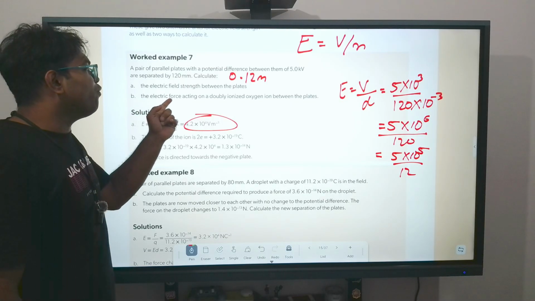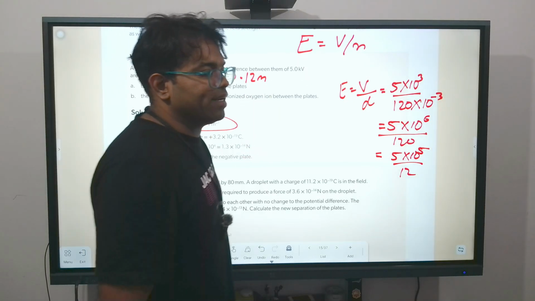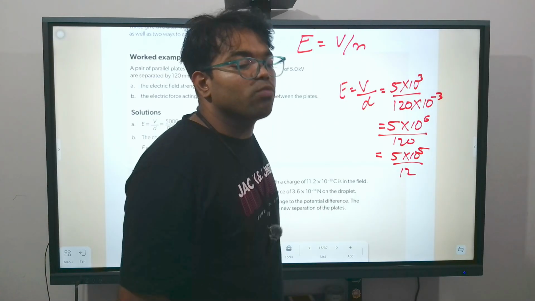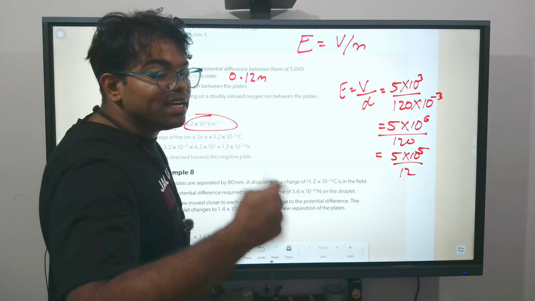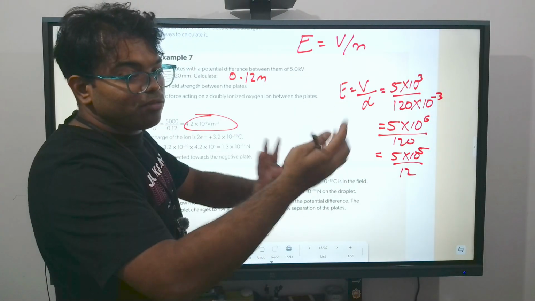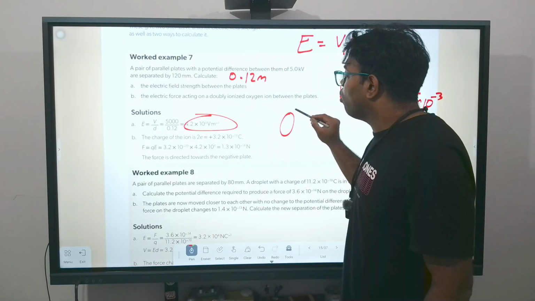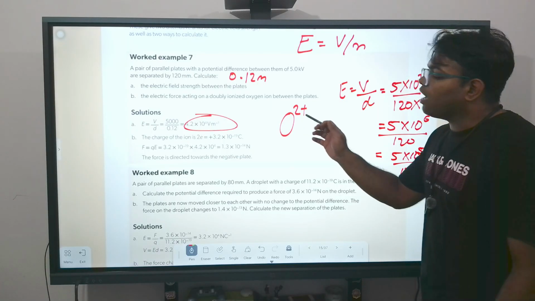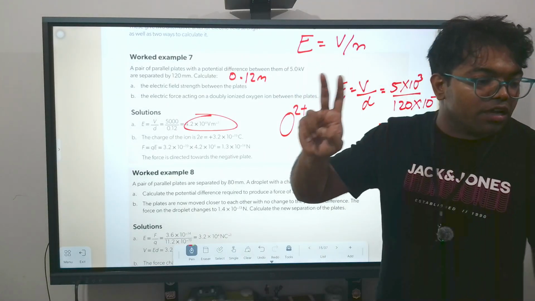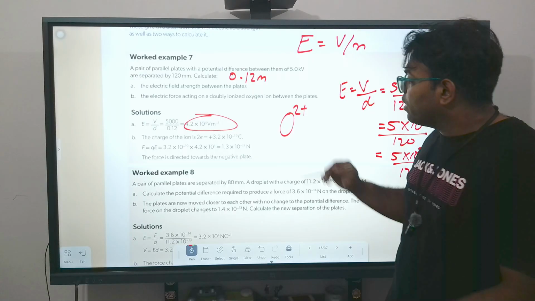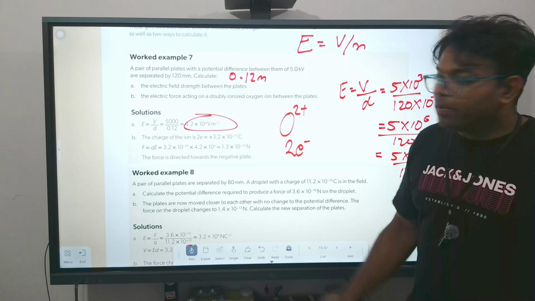The electric force acting on a doubly ionized oxygen ion between the two plates. What is a doubly ionized oxygen ion? Ionized means you removed the electron. They are basically asking about O2 plus. How much charge will it have? One oxygen ion will have 2 units of positive charge, so 2 multiplied by the charge of the electron will be the overall charge.